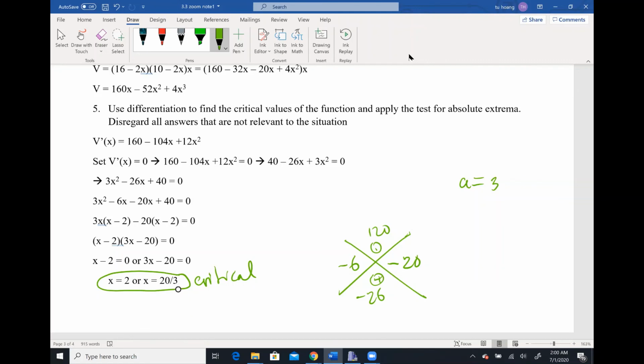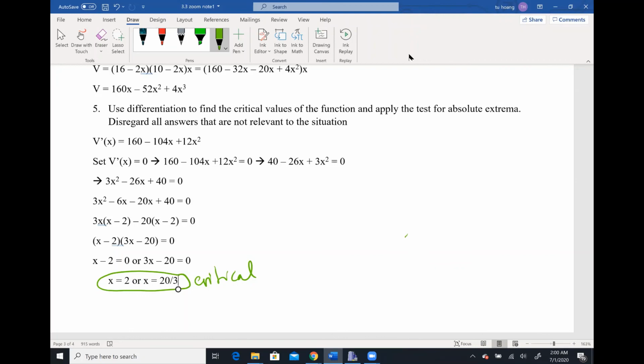So you need to create the number line, or the sign chart, for this case.